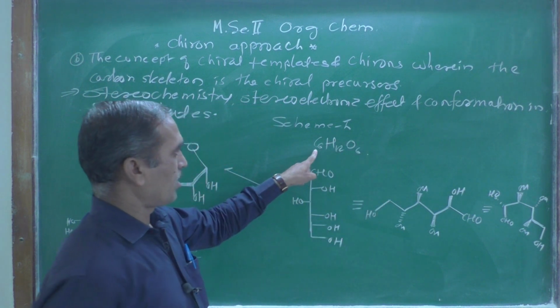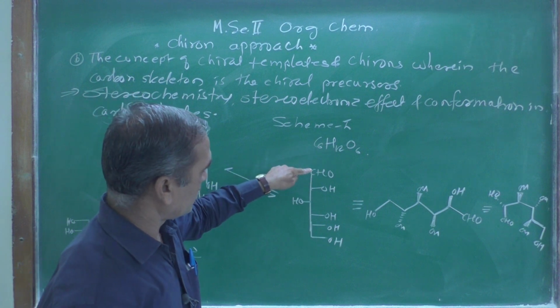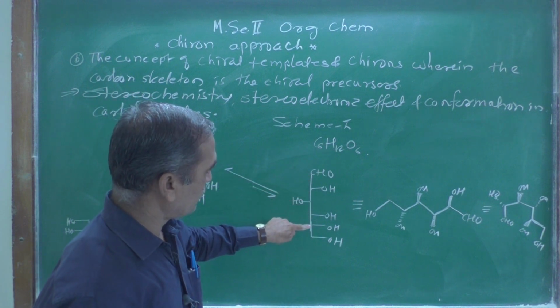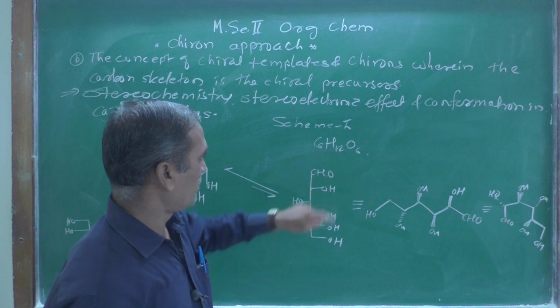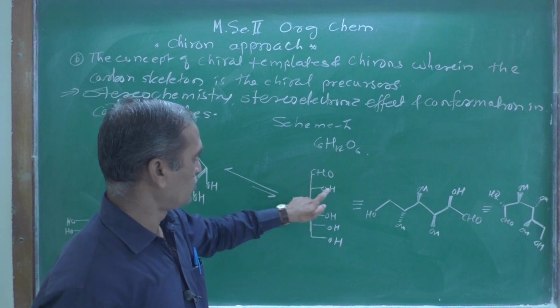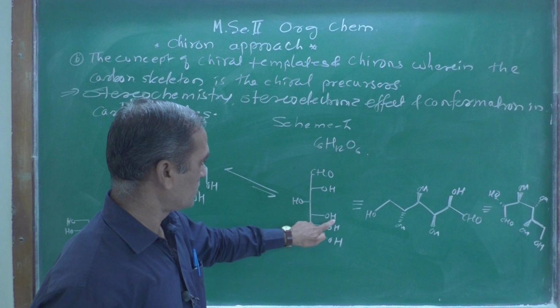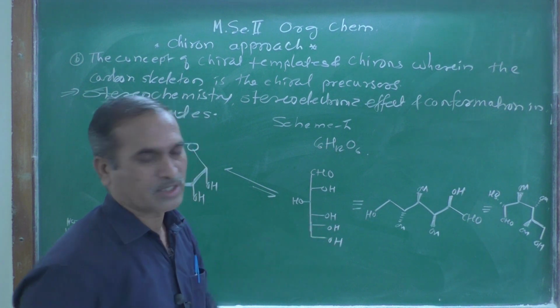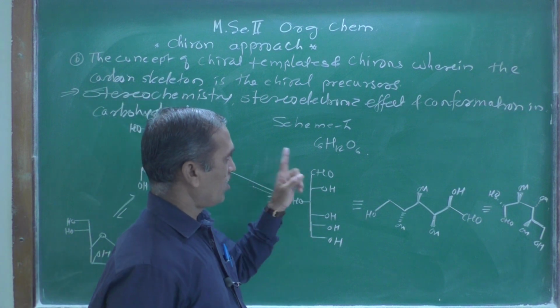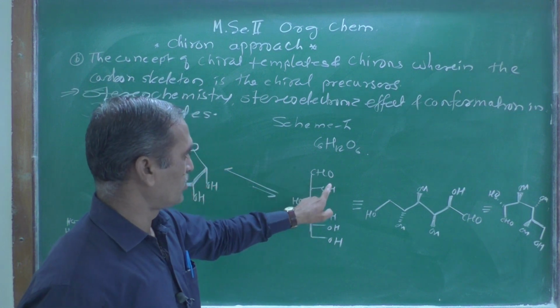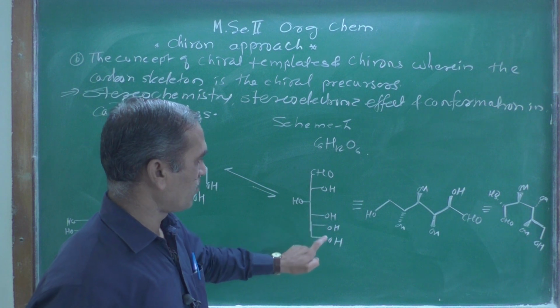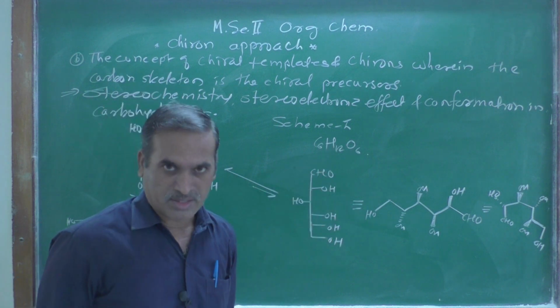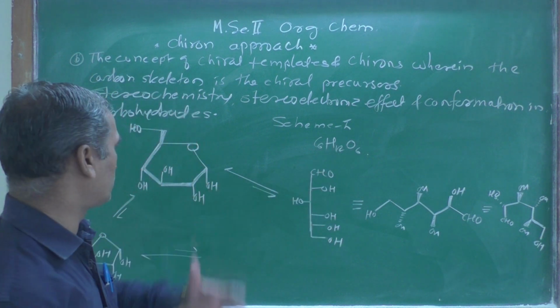The number of carbon atoms is 6: 1, 2, 3, 4, 5, 6, and 12 hydrogen atoms: 1, 2, 3, 4, 5, 6, 7, 8, 9, 10, 11, and this 12. And how many oxygen atoms are there? 1, 2, 3, 4, 5 and 6.